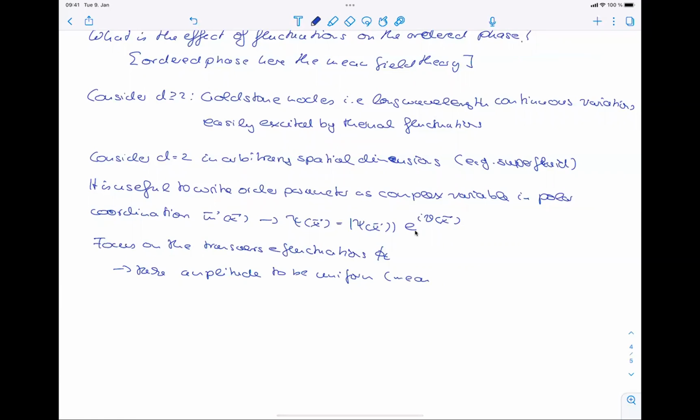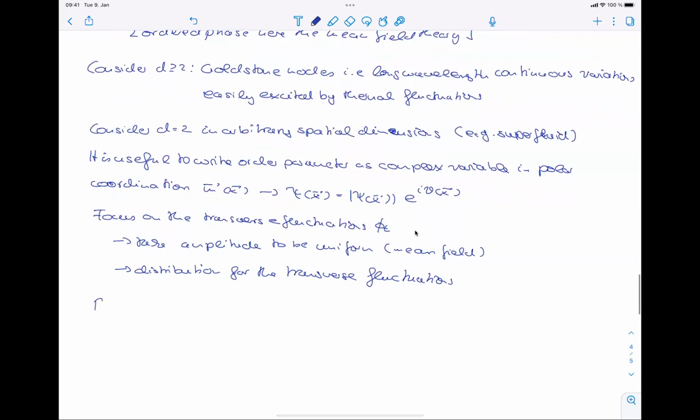That's the field idea again. And we're looking for the distribution for the transverse fluctuations.